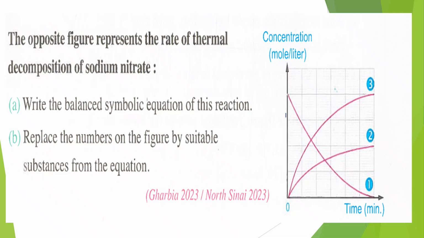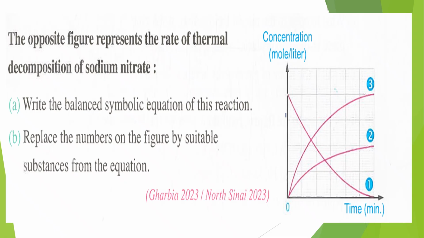Okay, here, where is the product and where are the products, because there is more than one product, and where is the reactant? The concentration of the reactants at the beginning of the reaction is 100, so this is the reactant. The reactant starts with a high concentration, 100%, which is number 1.